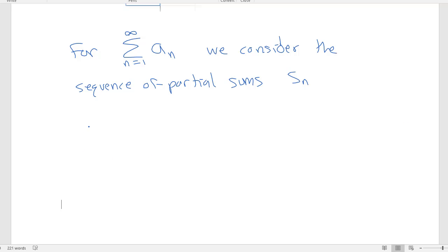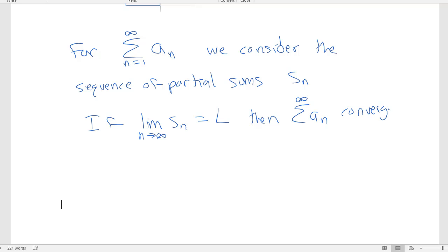And then if the sequence of partial sums has a finite limit, then we say the series converges, right? Then the infinite series converges, right? Otherwise, the series diverges, right? So if the limit doesn't exist or is infinite, then we would say it's divergent.